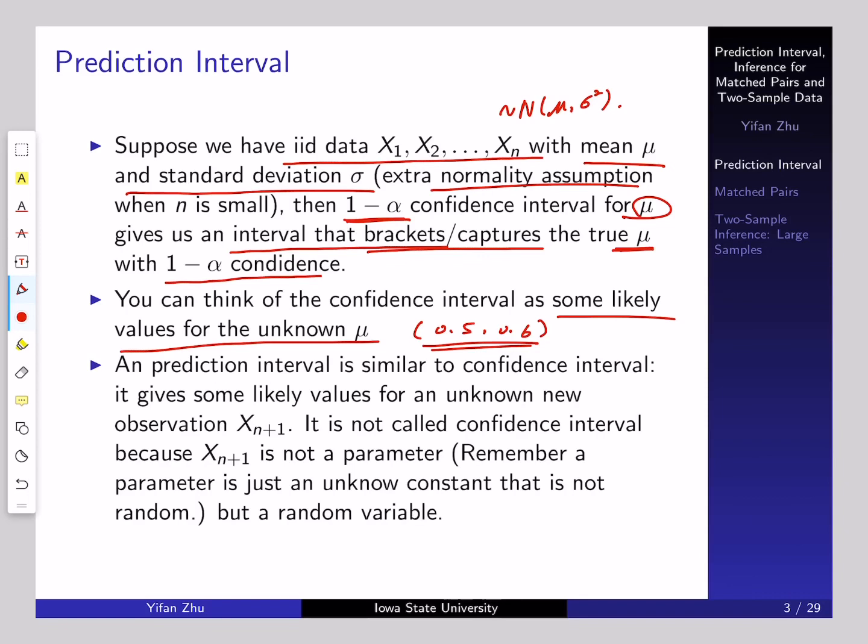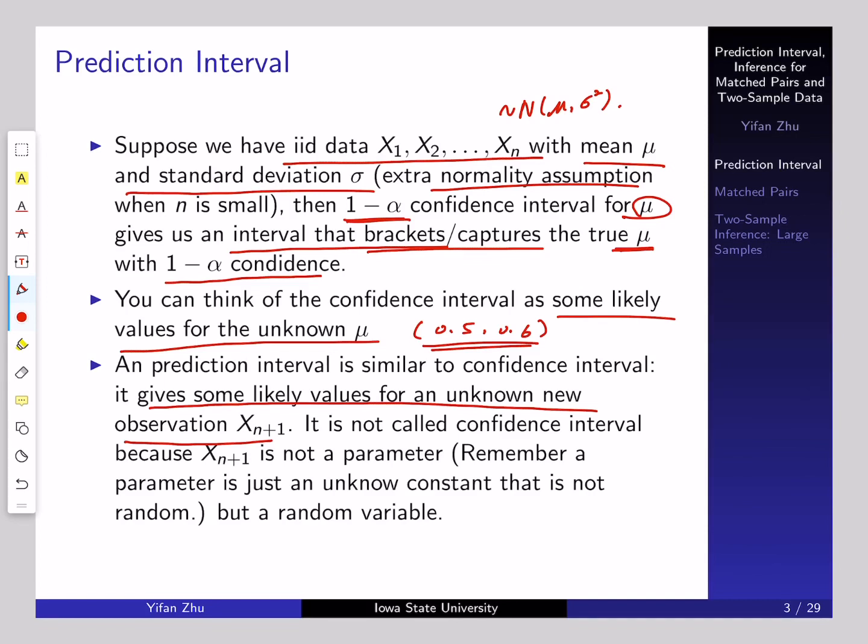So you can think of the confidence interval as some likely values for the unknown parameter mu. And the prediction interval is similar. It also gives some likely values for some unknown new observation.